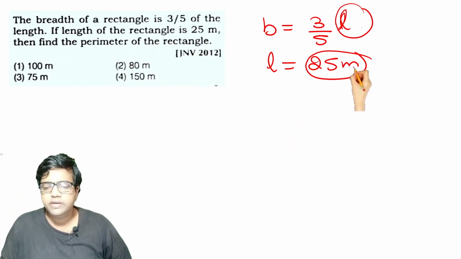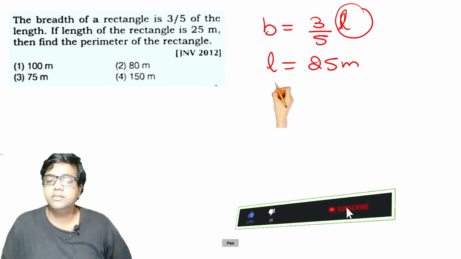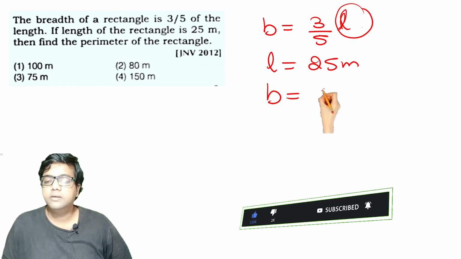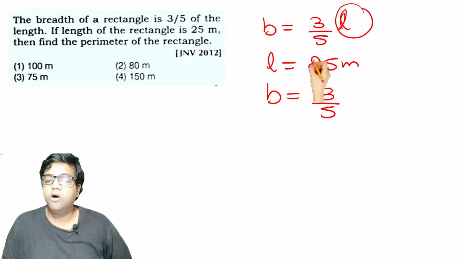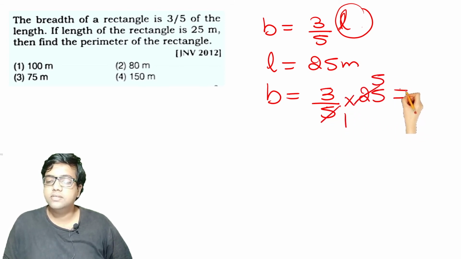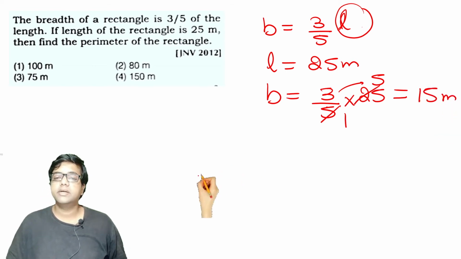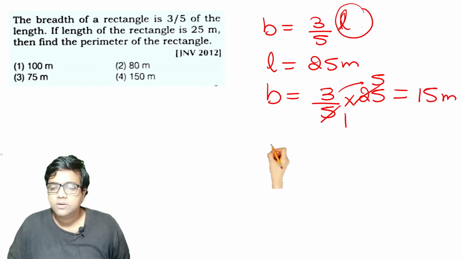So we got the length. In order to find the perimeter of the rectangle, we also have to find the breadth. What will be the value of the breadth? 3 by 5 of length. Length value is 25. So 3 by 5 of 25. 5 5s are 25, so you will get 3 5s are 15. Breadth is 15 meter. So now we can find the perimeter of the rectangle.